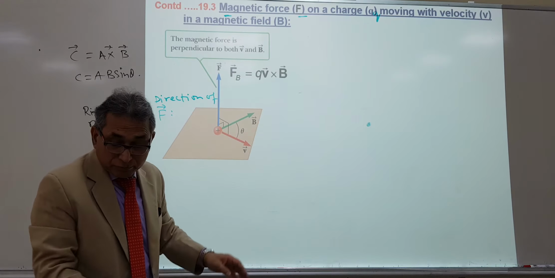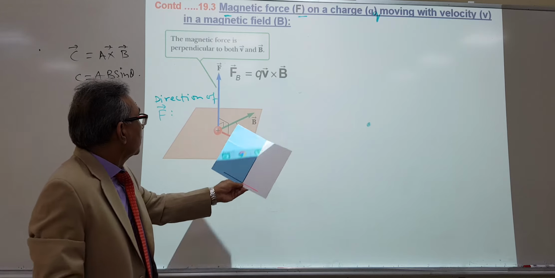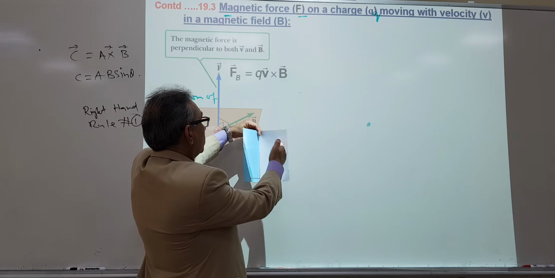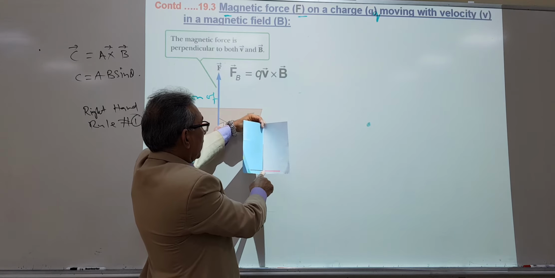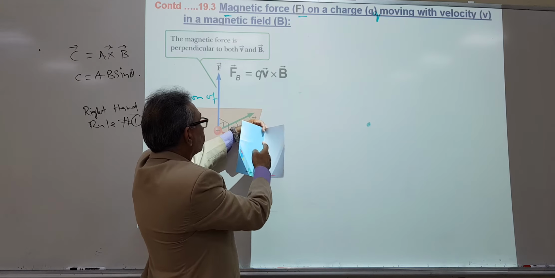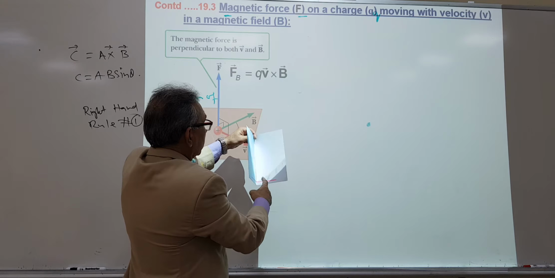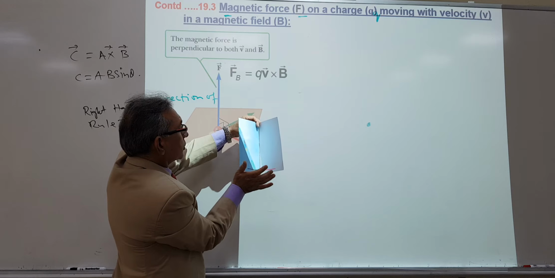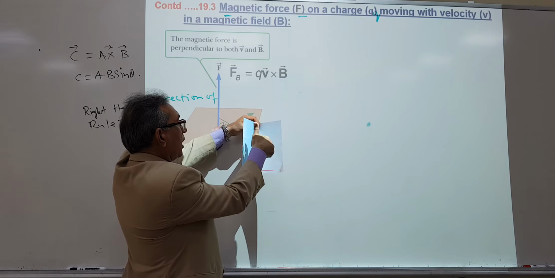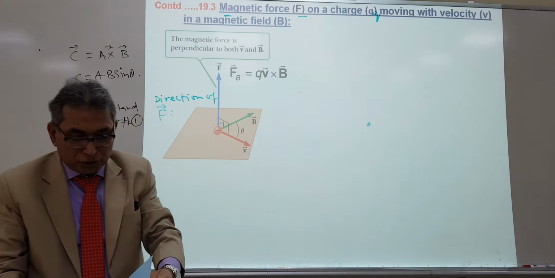Actually, we have to think three dimensionally. For example, take this as one corner of the room. I take this x-axis, this y-axis, and this z-axis, right? Now, if your velocity is here and magnetic field is here, from velocity to magnetic field, up is the direction for the magnetic force on the charge.